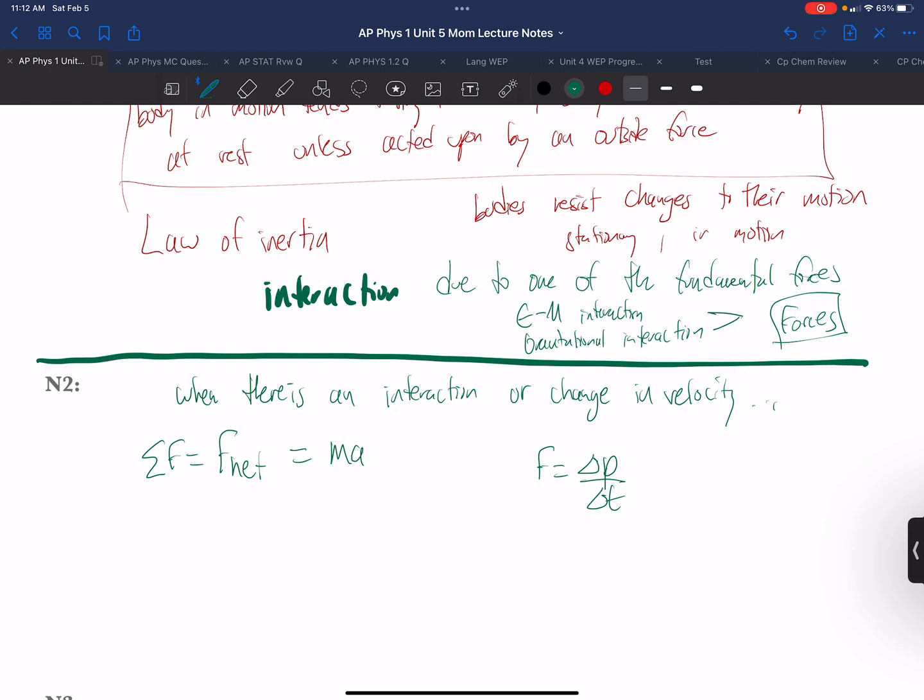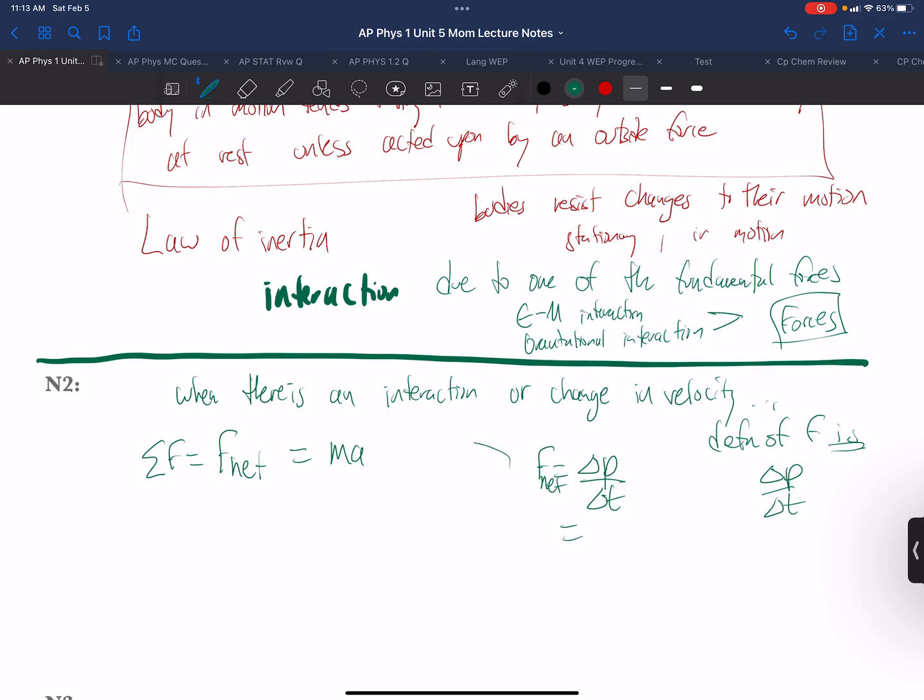But if the rates are different, we call that difference in the rate of change in momentum force. So the definition of force is delta P over delta T.